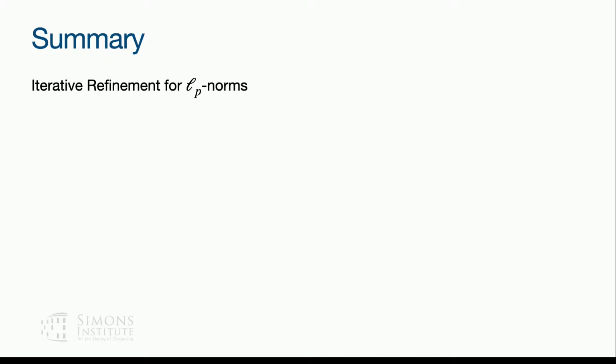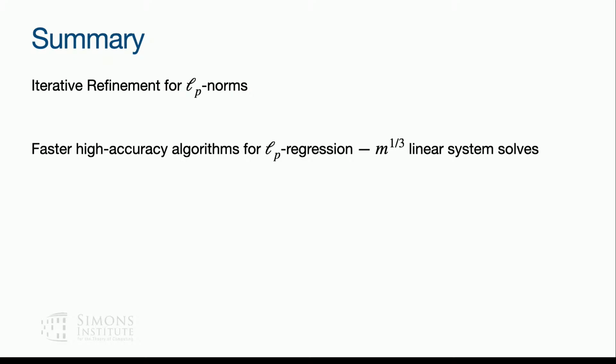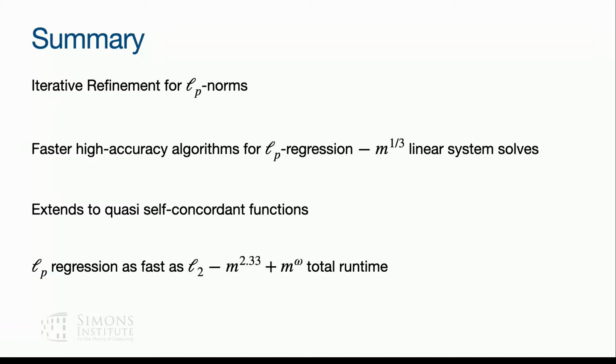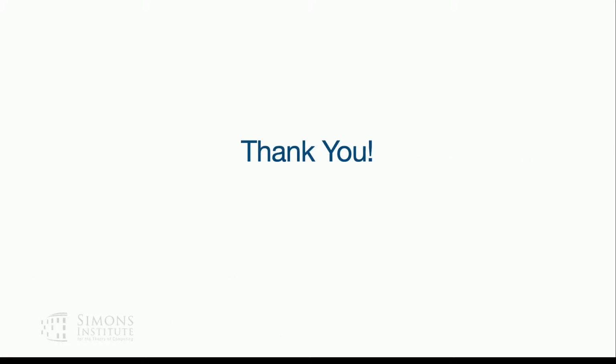To summarize, we saw these good envelopes for LP regression, found a fast high accuracy algorithm, and we can extend these to quasi self-concordant functions and use inverse maintenance to solve LP regression almost as fast as linear regression. We also have a fast algorithm in practice. And that's it.